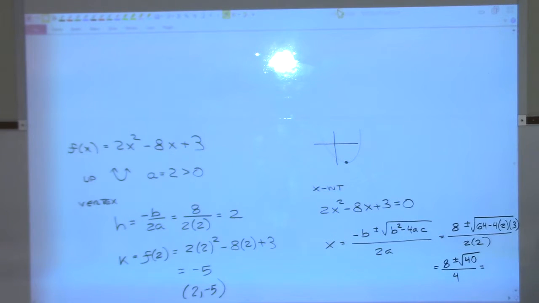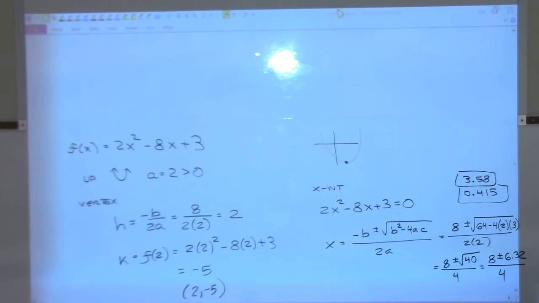Yeah. Okay, I'm going to do 8 plus or minus, square root of 40 is 6.32, and then over 4. And then you do two different answers here. 8 plus the 6.32, it's 3.58. And the other one is 0.415. You got the same thing? Yeah. Okay. So these are our two x-intercepts.